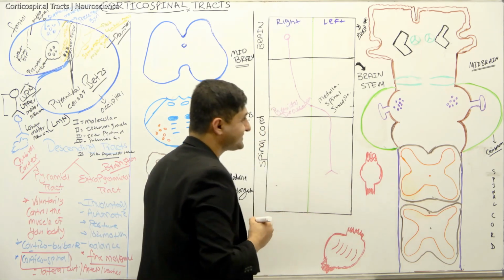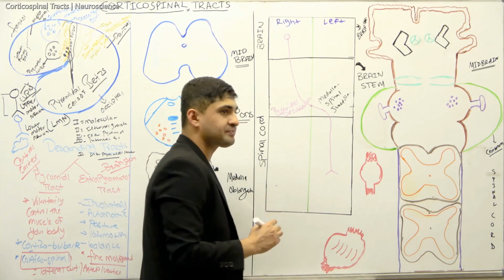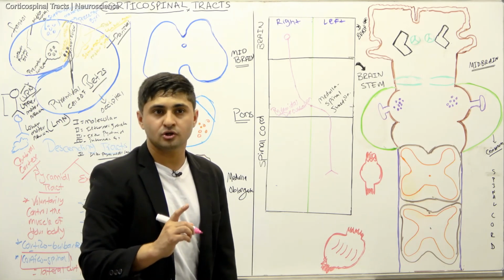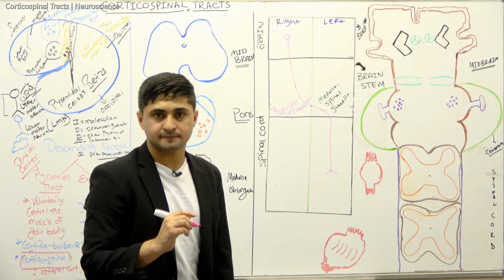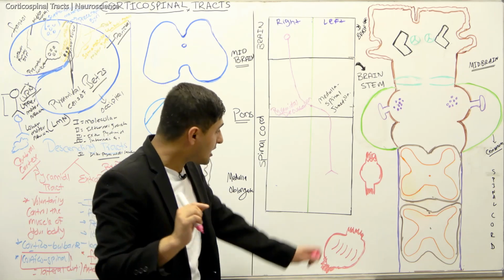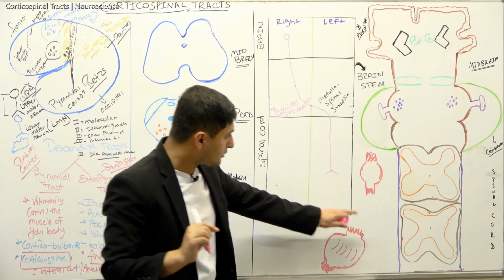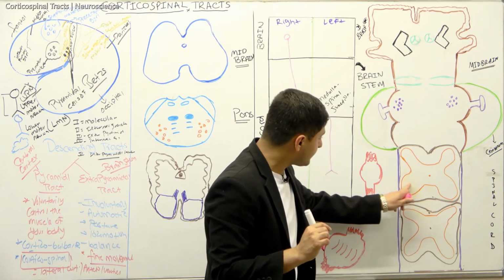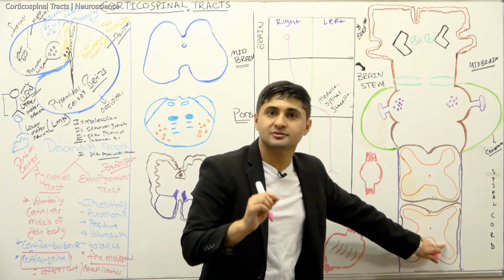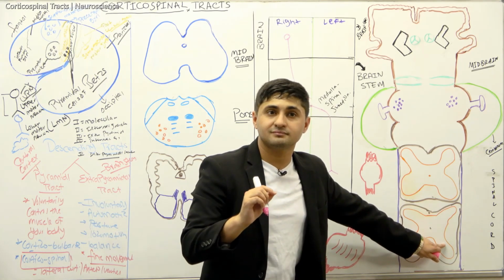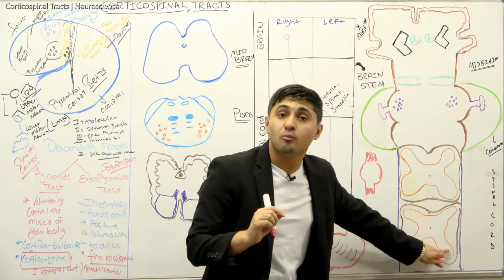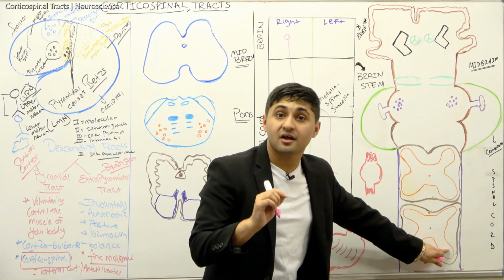It's going to synapse at the anterior horn of the spinal cord, because those anterior horns, like right here, these are the anterior horn, right? These are the ventral horn. They're the ones that contain those alpha motor neurons. And those are the lower motor neurons that innervate your skeletal muscles, right?